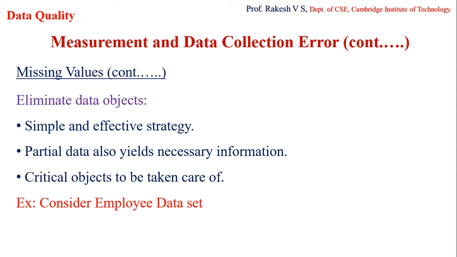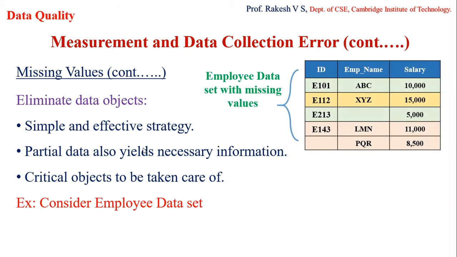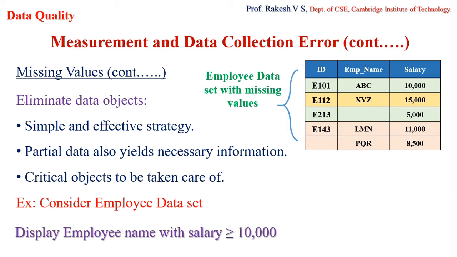So let us consider one example and see how actually it works. Consider the employee data set which has some missing values in it. So let this be the data set given to us, which has some values missing. In this case, you can see employee name is missing, and in this case, say employee ID is missing. Now suppose the analysis that we want to perform is, say, I want the names of the employees whose salary is greater than 10,000.